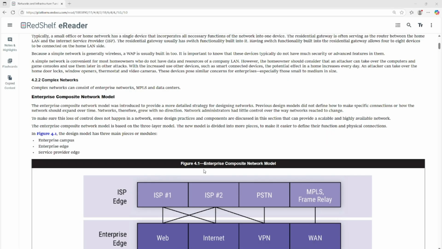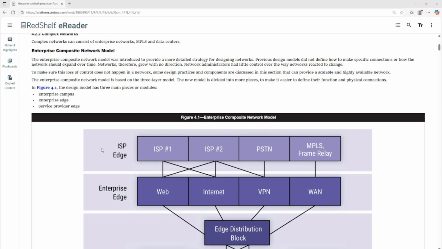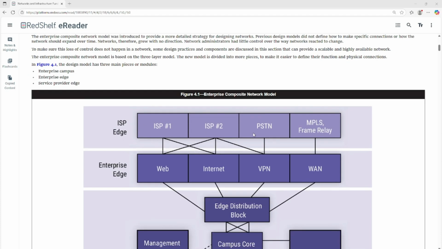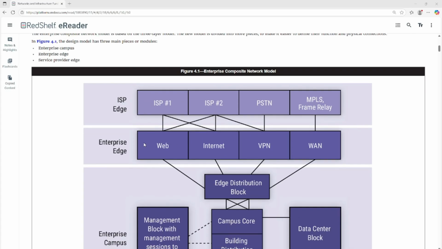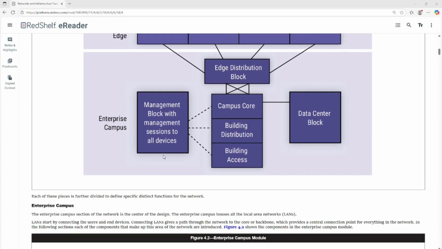The diagram in figure 4.1 shows us an enterprise composite network model that comprises the three main areas: ISP1, ISP2, frame relay, and the enterprise edge. Each of these pieces is further divided to define specific distinct functions for the network.